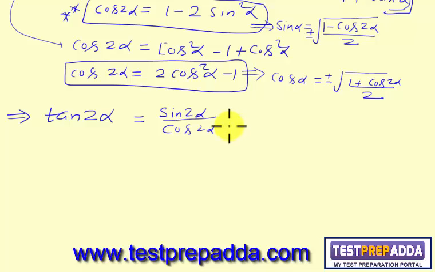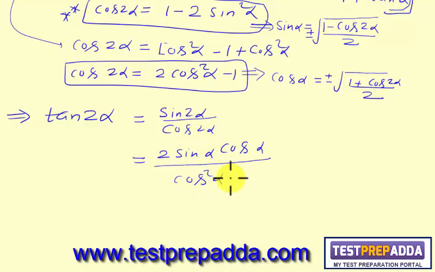Now substitute the values here. Sine 2 alpha is what? 2 sine alpha cos alpha upon cos 2 alpha.